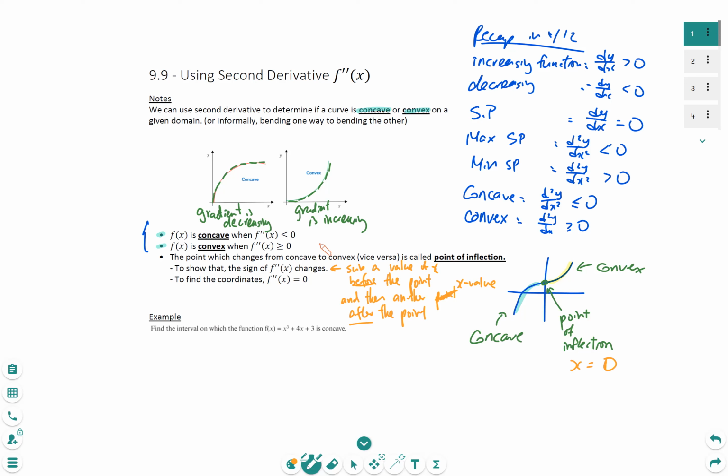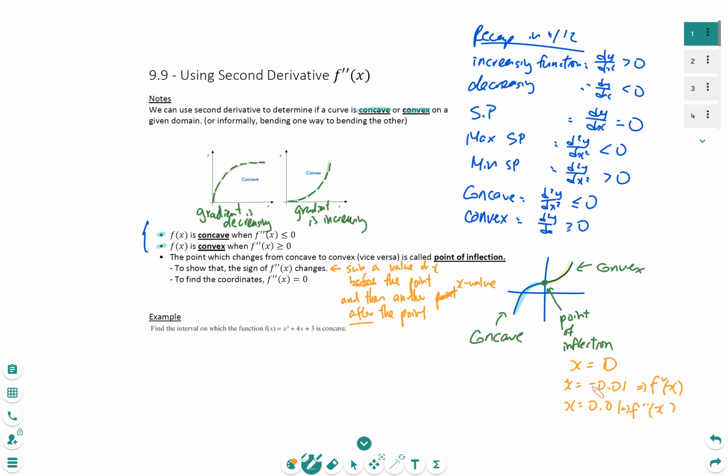Then to show a point of inflection, you need to sub in, let's say, x equals negative 0.01, just before 0, and x equals 0.01. You need to show that the sign of the second derivative changes. Why would the sign change? Because before that point of inflection it is concave. Concave means the second derivative should be less than or equal to 0.